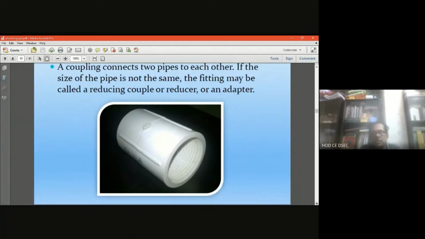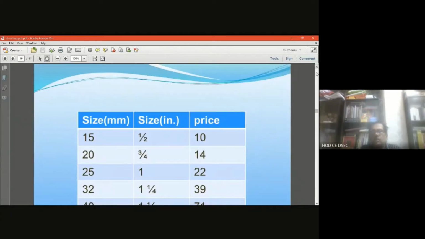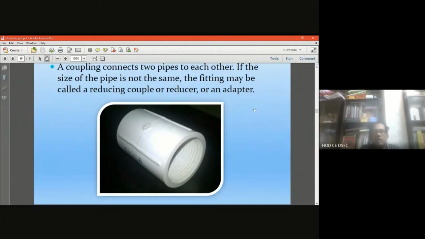Otherwise, if it is the same size, it is simply the coupler. So we have already told you what coupling is.